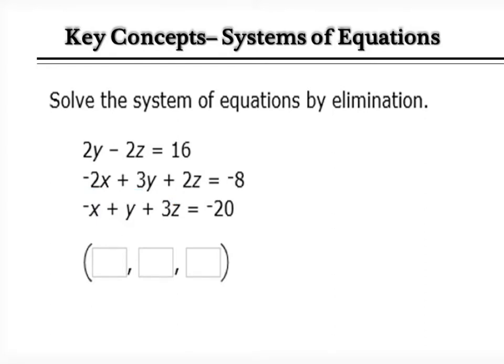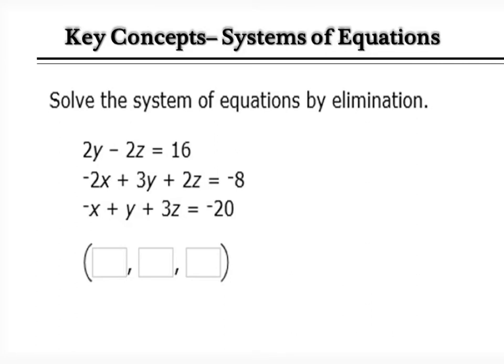And matrix B is going to be a 3 by 1 because we have 3 equations and 3 constants. So that's the only difference, is the size of the matrices. Everything else is exactly the same.